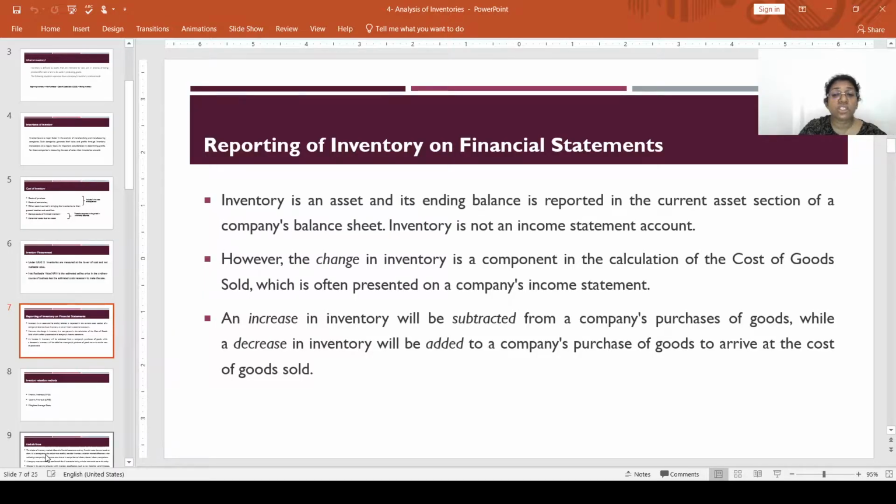This inventory is not an income statement account. However, the change in inventory is a component in the calculation of cost of goods sold, which is often presented in the company's income statement. An increasing inventory will be subtracted from the company's purchases of goods, while a decreasing inventory will be added to the company's purchases of goods to arrive at the cost of goods sold.